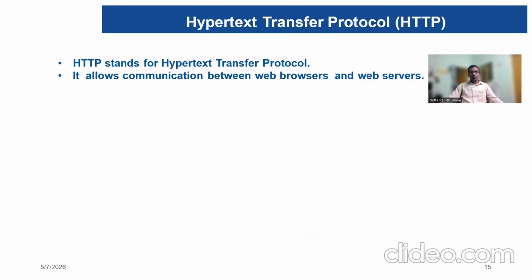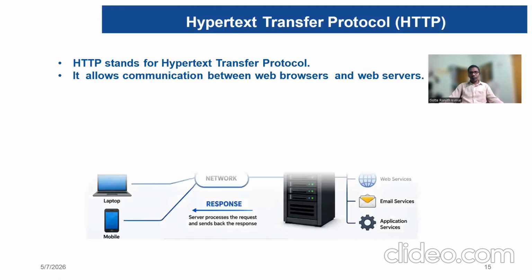Since it makes the communication between client and server possible, this protocol can also be called client server protocol. So now let us see what is this client server architecture, what is client, what is server, and what is the role of this protocol between client and server.